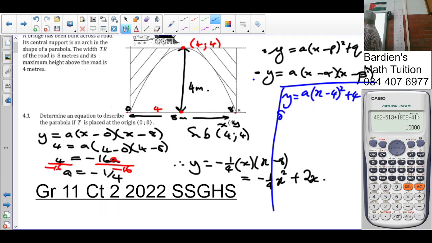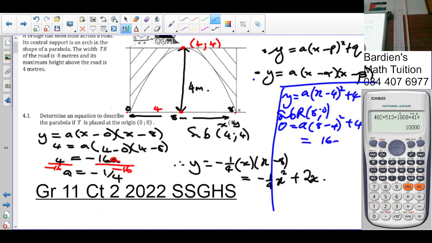So let's substitute R, which is 8 and 0. So 0 is equal to a times 8 minus 4 squared plus 4. So 8 minus 4 is 4, not so. And 4 squared is 16a is equal to negative 4. So a is negative a quarter anyway. Okay. And then you sub back and you multiply up, you get what we have there.